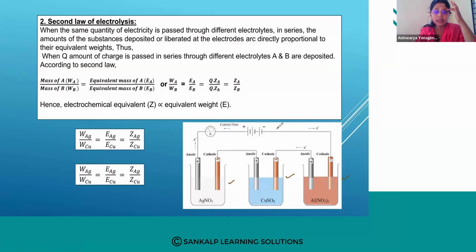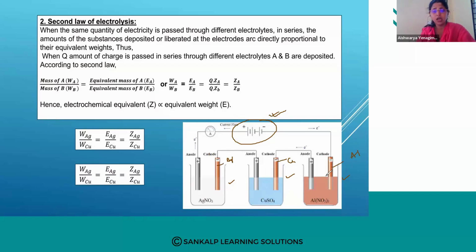So if you are passing the same amount of current, see, the entire circuit is connected to one battery. Potential difference is only the same. So if you are passing the same quantity of electricity through different electrolytes, this is Ag rods dipped in silver nitrate, this is copper rods dipped in copper nitrate, this is aluminum rods dipped in copper sulfate, aluminum rods dipped in aluminum nitrate.